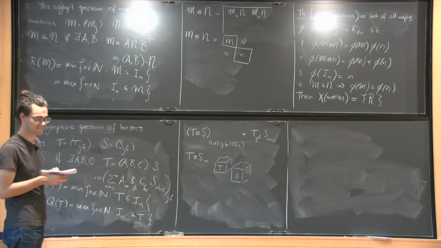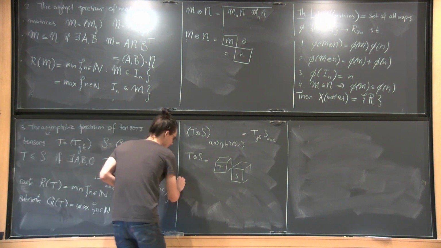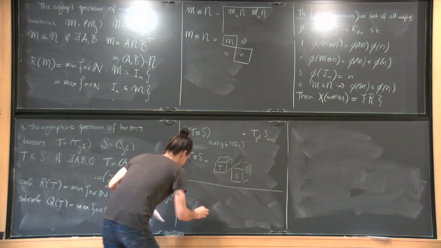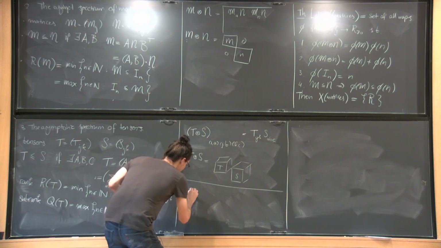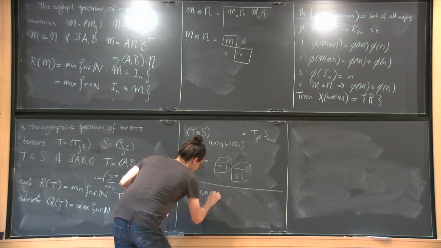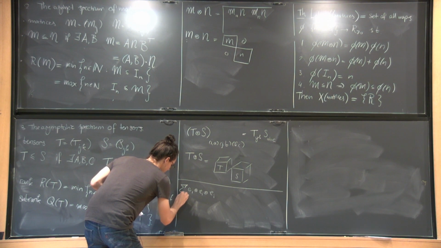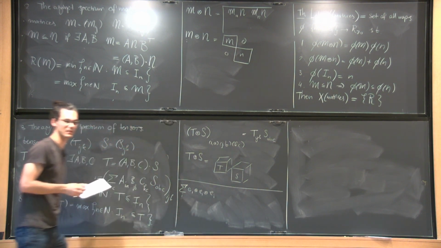Can you give some example of how Q is different from R? So a very silly example is when you take a tensor of the form e1 tensor ei tensor ei, and you sum over i from 1 to n or something.